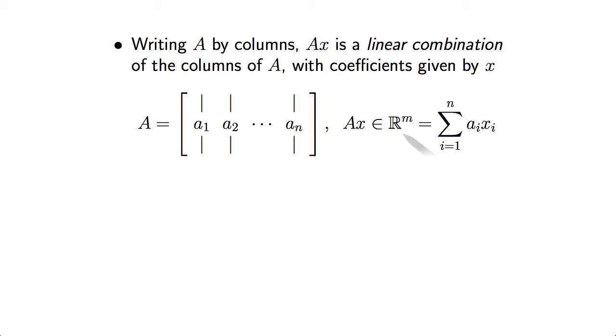But here it is actually a linear combination of the columns of A, so it's the sum from i equals 1 to n of a_i, the ith column of A, times x_i. So what we're doing is taking these columns, multiplying them by the corresponding element x_i, and adding these all up.